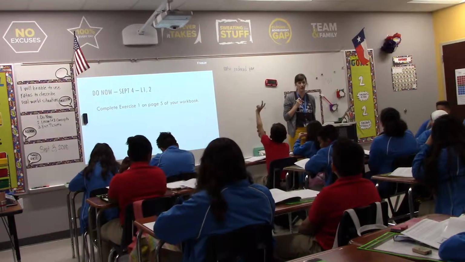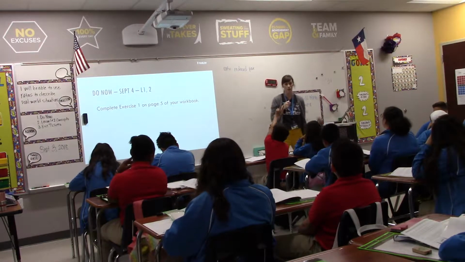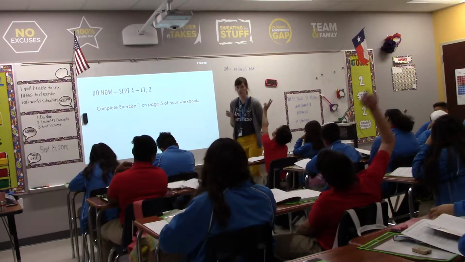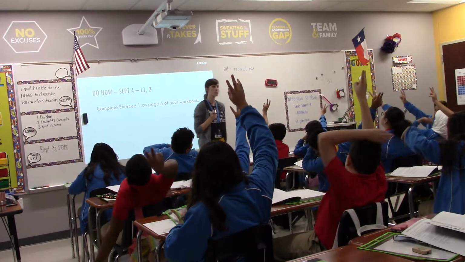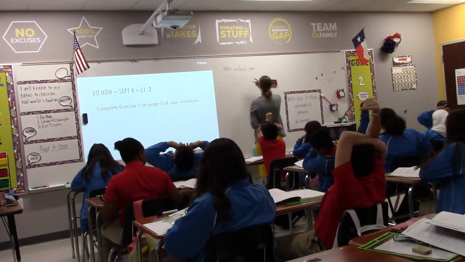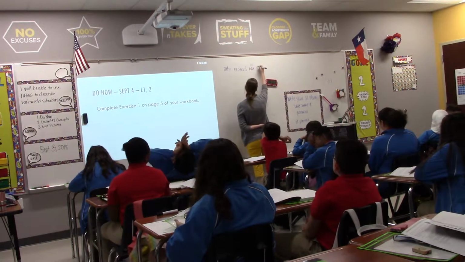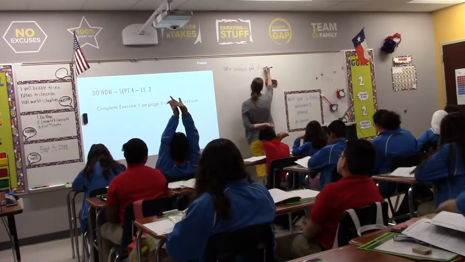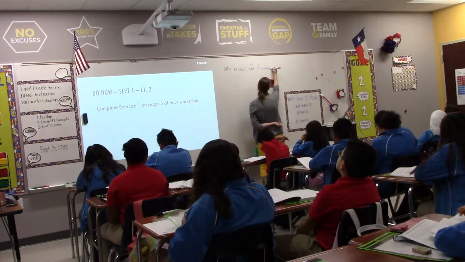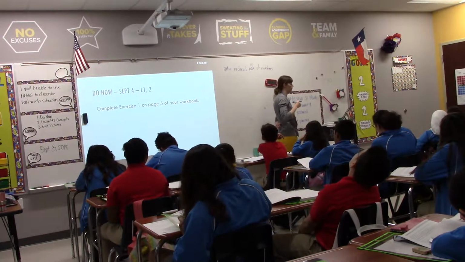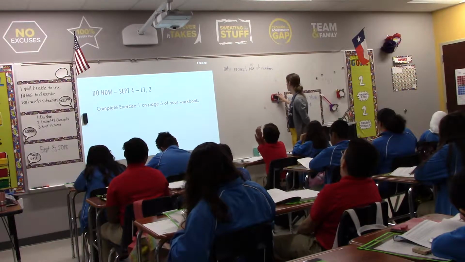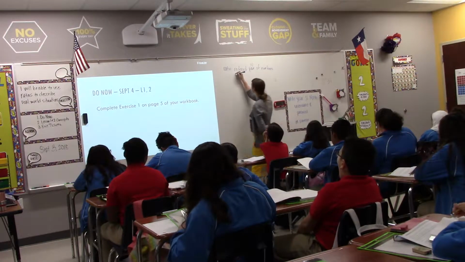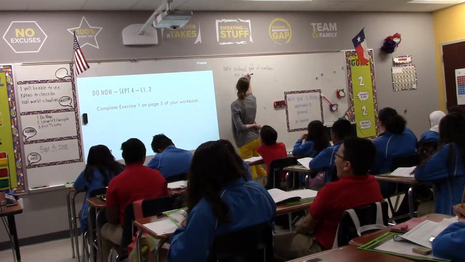So 1, 2, 3, go. Beautiful. Everyone says 2, and you're right. So this is 2 numbers. An ordered pair of numbers which are not both 0. Not both 0.